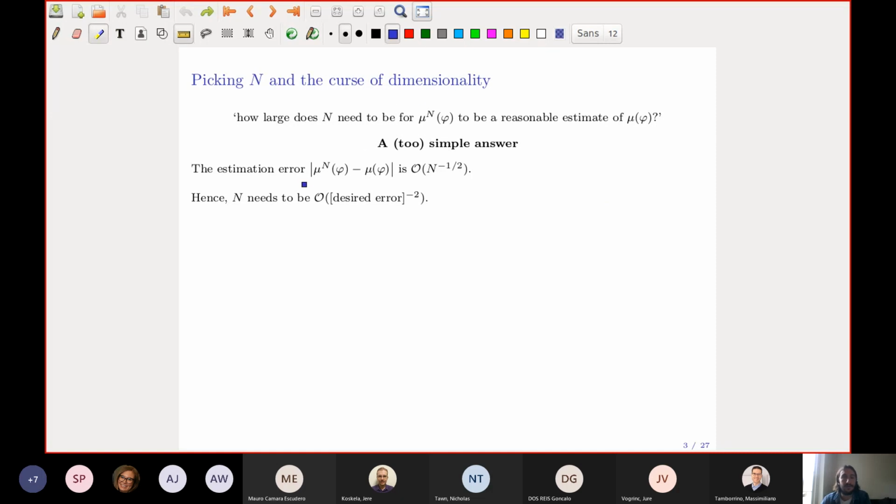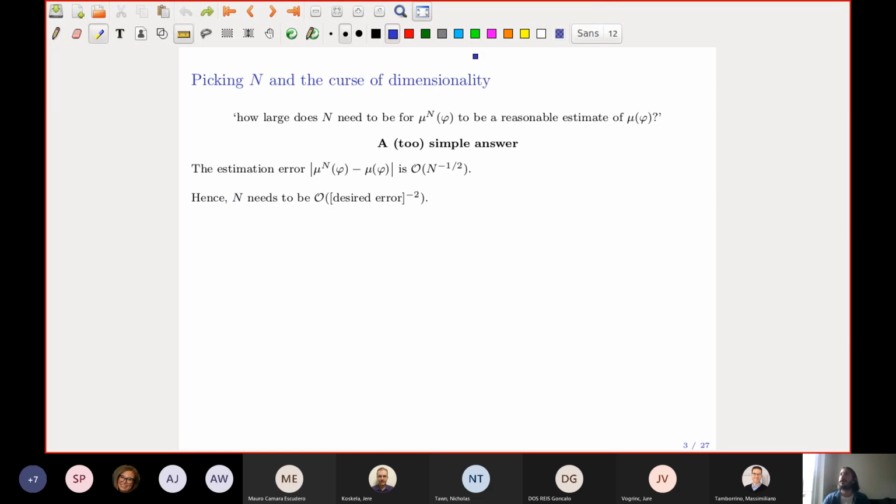They will say, by the central limit theorem and the variance expressions for the IID estimator and a host of other results, our estimation error is inversely proportional to the square root of the number of samples that we draw. So what we need to do is pick an n that is inversely proportional to the square of the error that we want in our estimates.